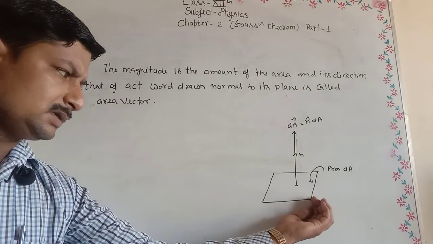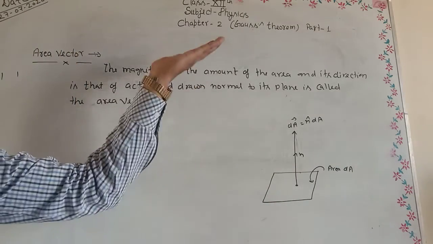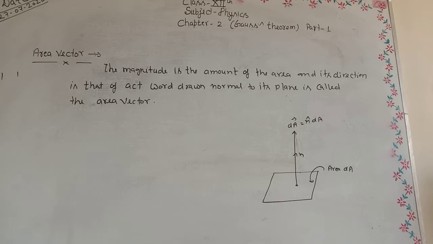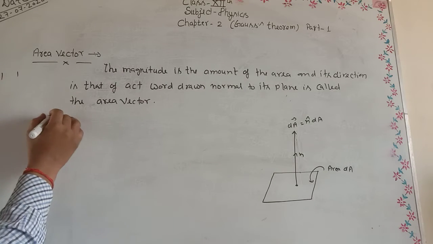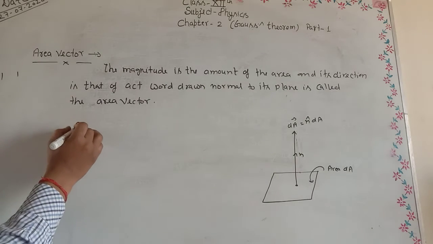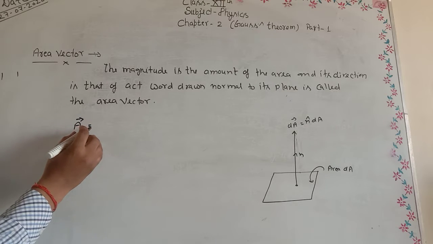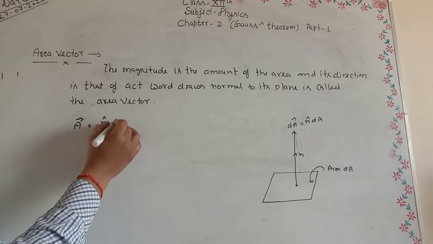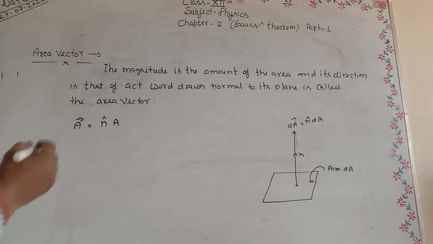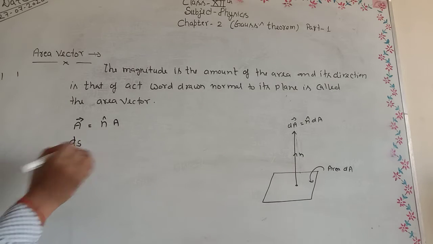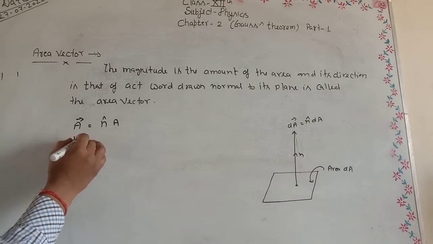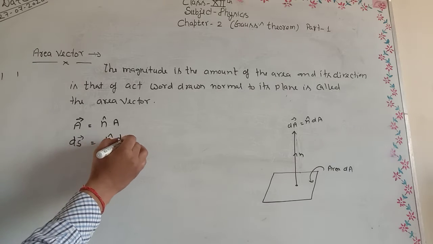किसी भी एरिया सरफेस एरिया के परपेंडिकुलर और नॉर्मल ड्रॉन किया गया है, इसकी डायरेक्शन में, इसी को हम एरिया वेक्टर कहते हैं. If the area is A, then its area vector of A is n cap A, that is n cap dS.